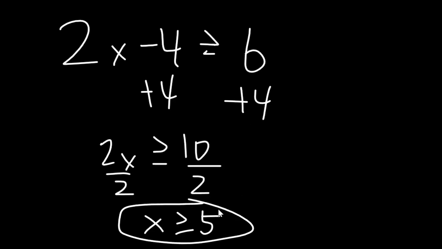Check that, right? If we plug in 5, the inequality should be true. If we plug in 5, 2 times 5 is 10. 10 minus 4 is 6. And 6 is equal to 6. Right? Because x is greater than or equal to 5. However, if we tried something like 0, which is not greater than or equal to 5, 2 times 0 is 0, minus 4, negative 4.